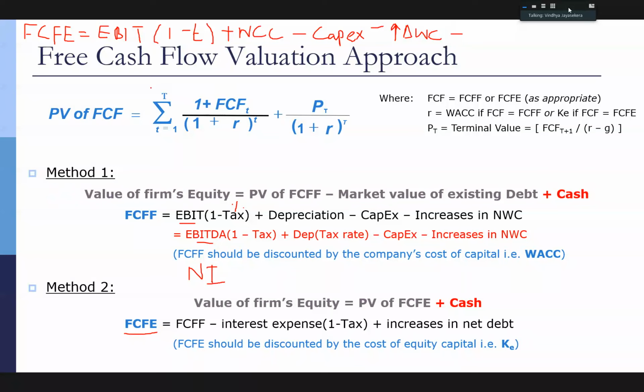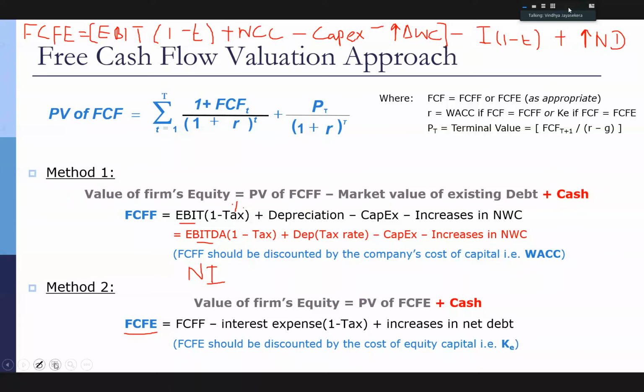Minus, this is just the free cash flows to firm bit. From this, I also have to take out my interest into 1 minus T tax rate, and add back any increases in net debt, right?